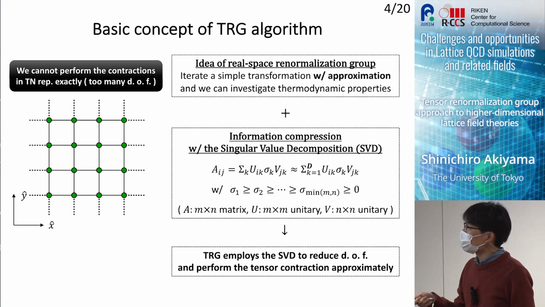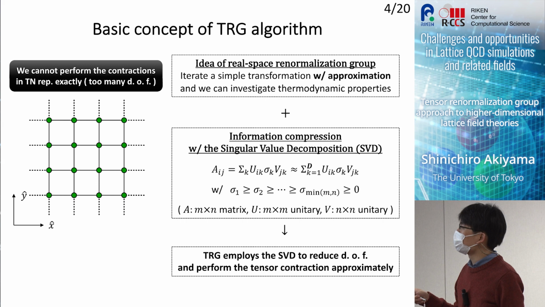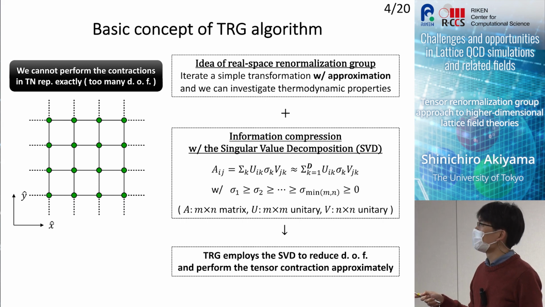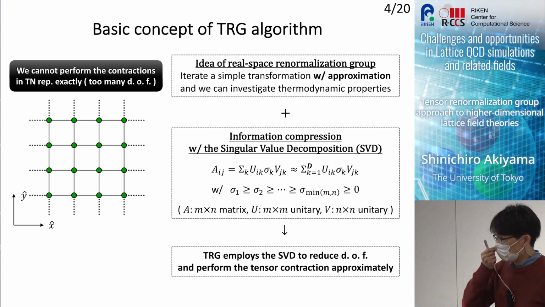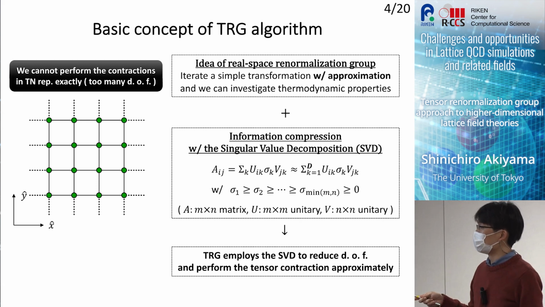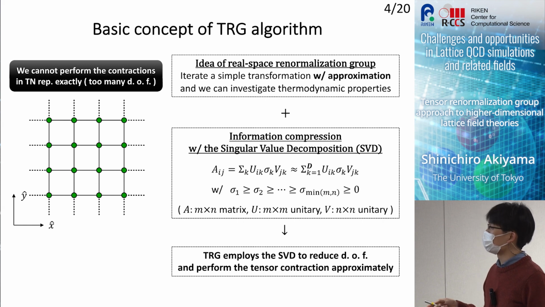But in the traditional real space renormalization group technique, it is very difficult to construct this proper approximation, and it usually depends on the model you are considering or the lattice geometry.